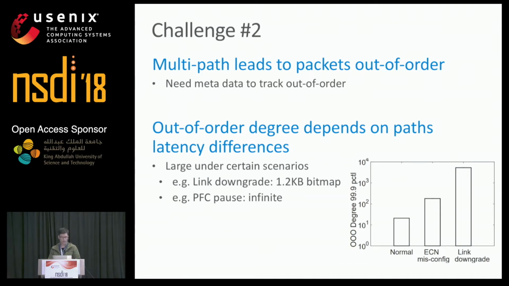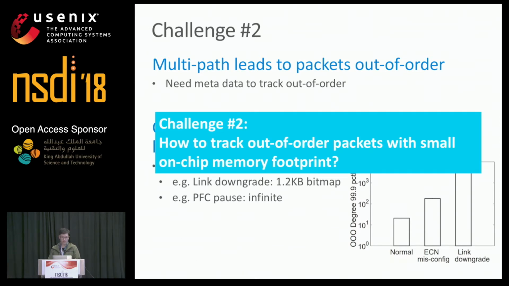And also, because RDMA uses PFC to prevent packet loss, if one path is PFC paused and the other paths are not, then the out-of-order degree can be, say, infinite. So that gives us a second challenge: how can we track these out-of-order packets with a very small on-chip memory footprint, even if the out-of-order degree in certain scenarios is so big?